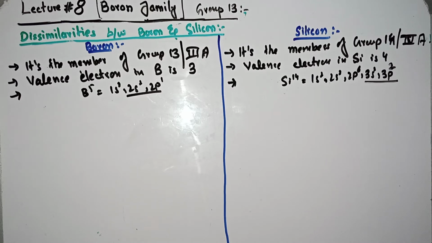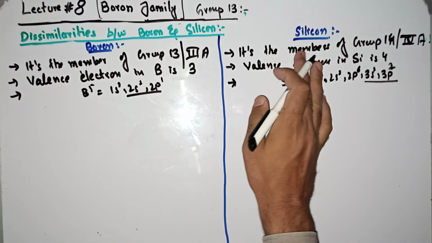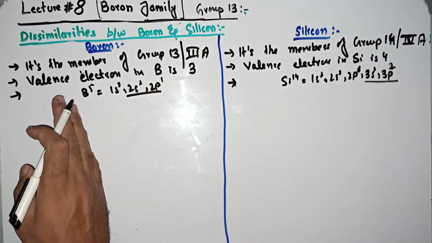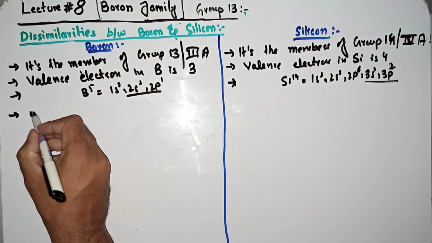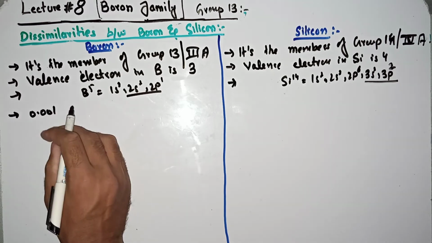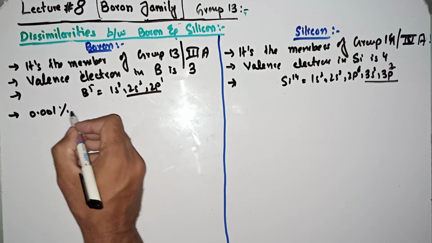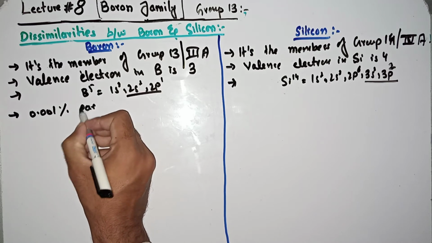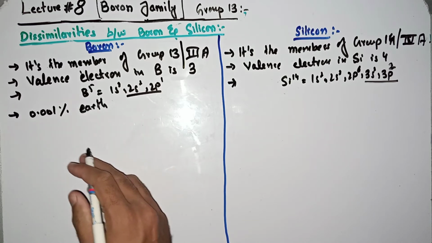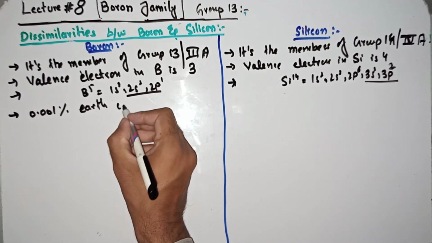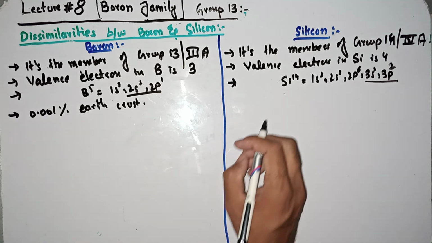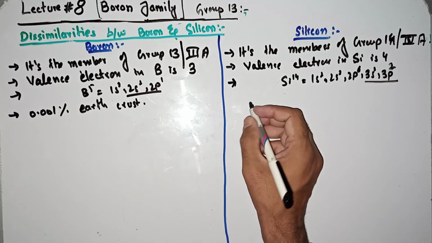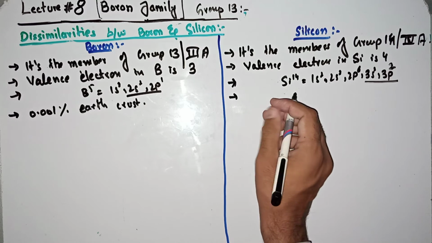Now when we talk about the abundance in nature of boron and silicon, silicon is most abundant in nature as compared to boron. Boron constitutes 0.001% of the earth crust, while silicon is the second most abundant element in the earth crust.